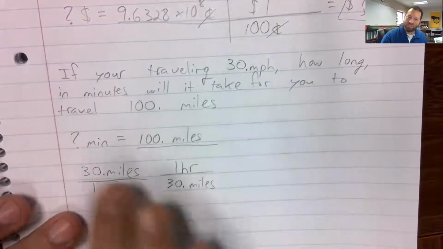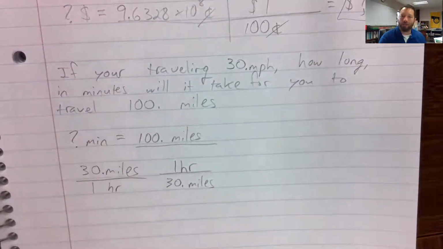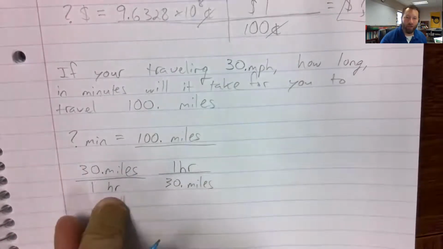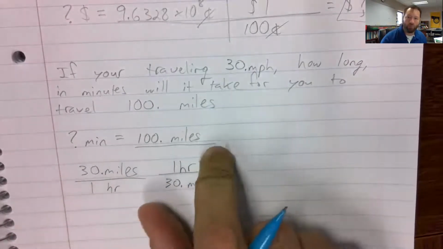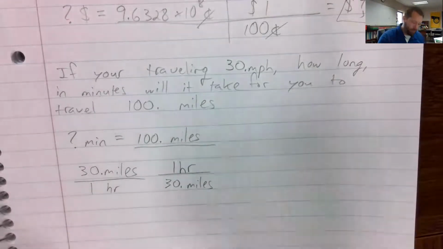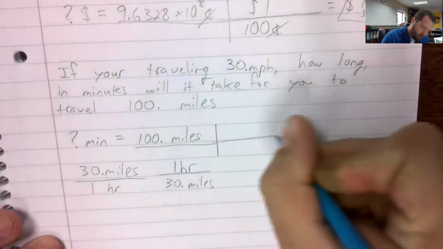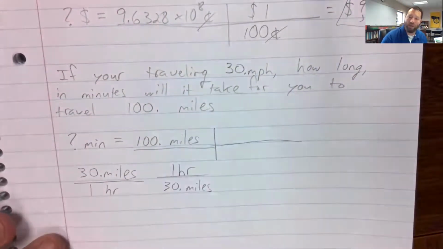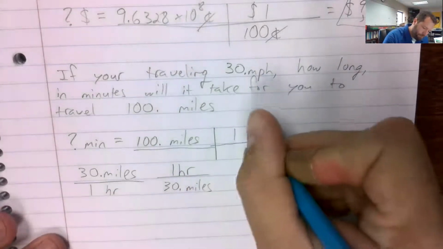Again, these are saying the same exact thing. It just matters where we need our unit. I can travel 30 miles in 1 hour, or if I travel for 1 hour, I will travel 30 miles. Either way, they're saying the same exact thing. We just need to make sure we get the correct unit on bottom. I want miles to cancel out. Here we have miles on bottom.